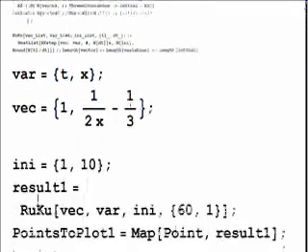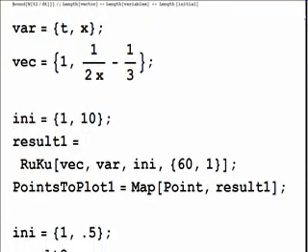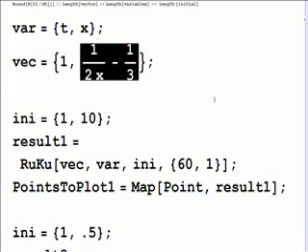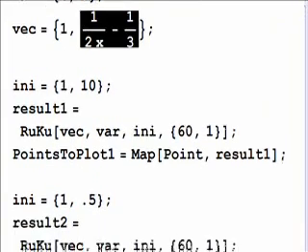Using that code, I'll set up my variables as t and x, and I'll use a system of two differential equations, but the first one is trivial. It's just dt by dt equals 1, which will give me equally spaced values of the time variable. And then, of course, here's the derivative of x with respect to t.